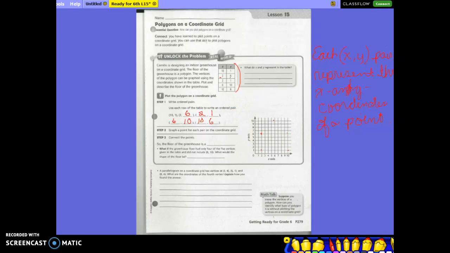Then it wants us to connect our lines. So the floor, oh yes, it says in step 3, connect the points. So I'm just going to start down here, and you start where you want. Remember, we're making a polygon, so we're not going to crisscross across anything. So the floor of the greenhouse is what shape? A pentagon.